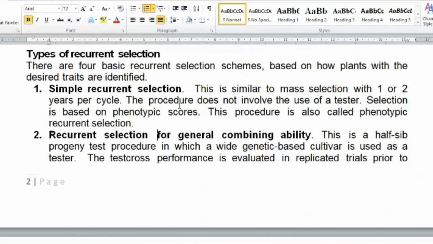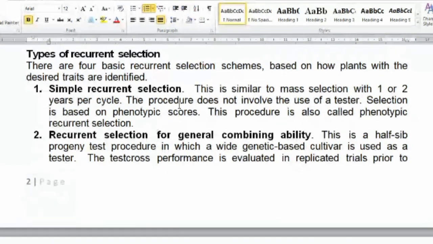Simple recurrent selection is similar to mass selection. It is usually similar to mass selection in its first 2 cycles, and it is usually 1 or 2 years per cycle.